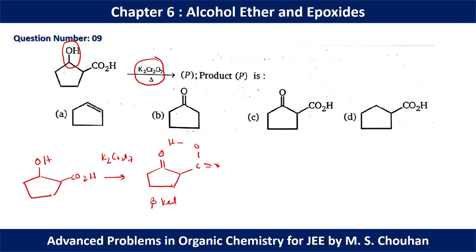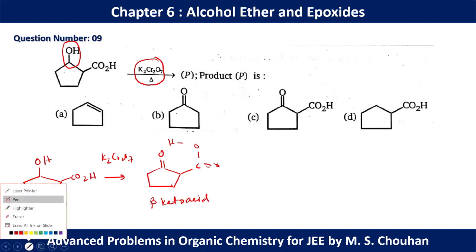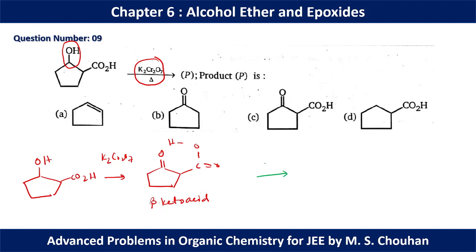And as we know that beta keto carboxylic acid after heating will eliminate carbon dioxide, or this is a decarboxylation reaction, and finally this kind of ketone will be formed. So option B will be the correct option.